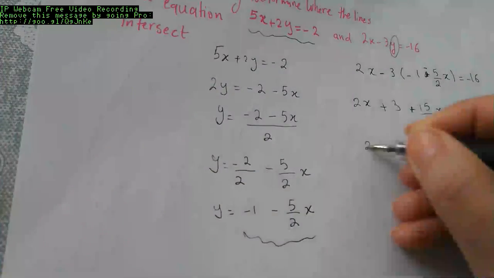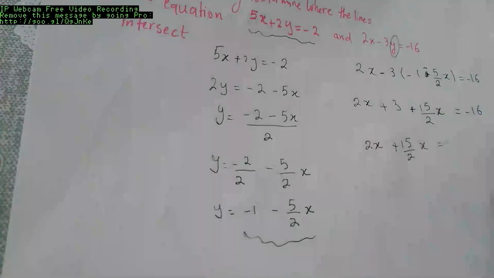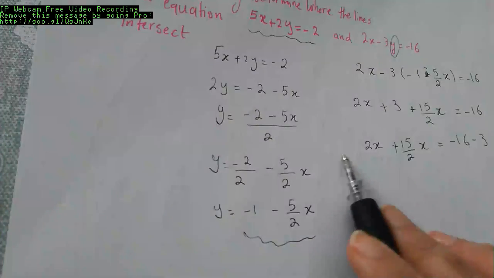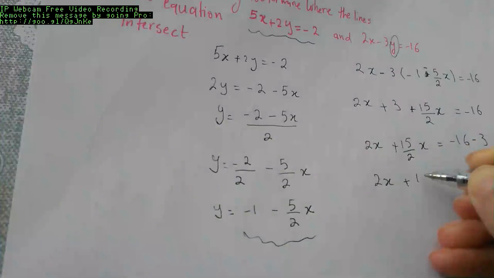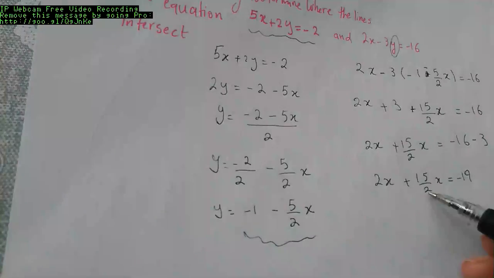So it's 2x plus 15 over 2 x equal to -16 minus 3, which is -19. Now I can take a common denominator, or I can multiply each term by 2.